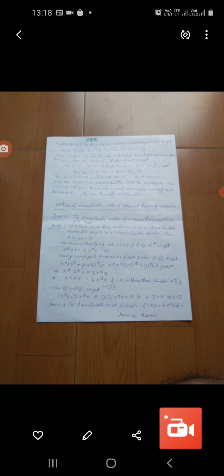Proof: if A is a skew Hermitian matrix, you know a Hermitian matrix means a_ij is equal to conj(a_ji), and a skew Hermitian matrix means a_ij is equal to minus conj(a_ji). So if A is a skew Hermitian matrix, it means iA is also Hermitian.